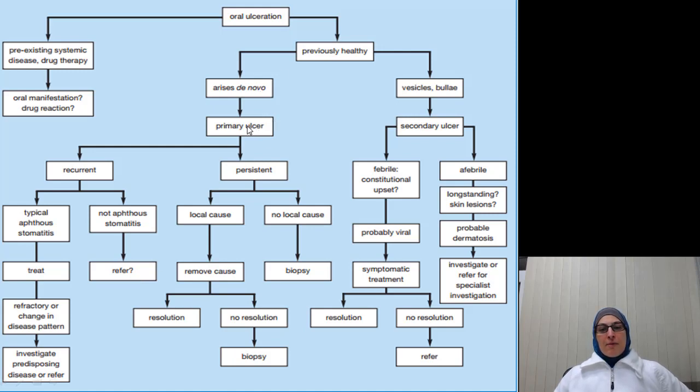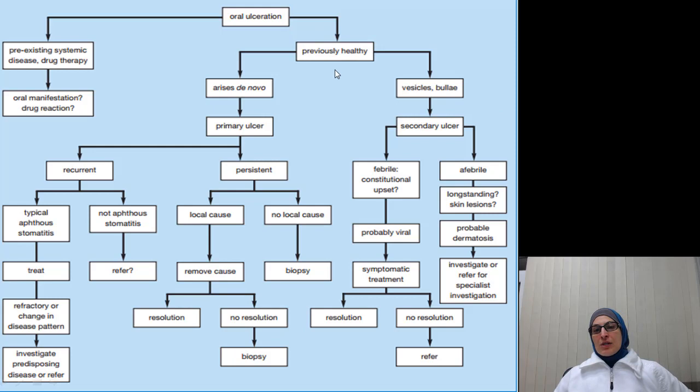If it is a persistent ulcer, this might be related to a local cause, like a chronic traumatic ulcer. We remove it. If it resolves, that's it. If not, we take a biopsy. If there is no local cause, and it is persistent, or multiple, then we need to take a biopsy. Usually it might be any of the chronic mucocutaneous diseases or vesiculobullous diseases.